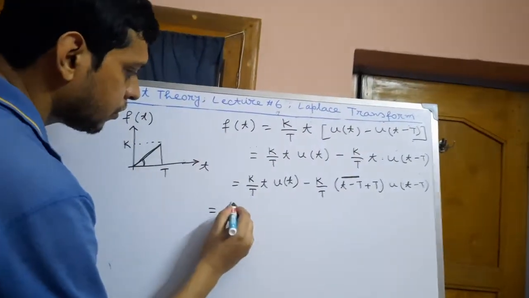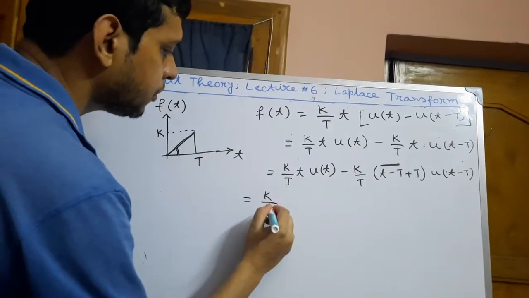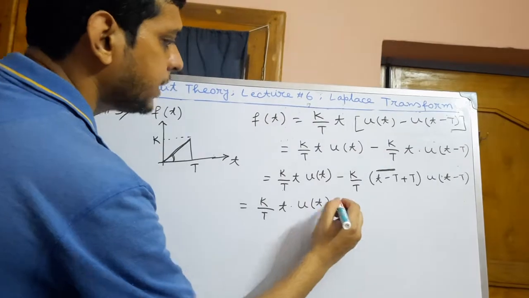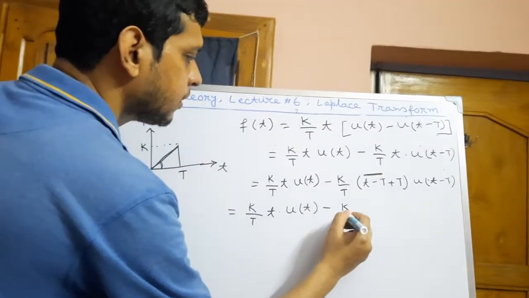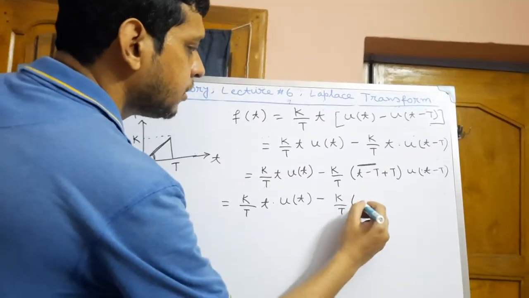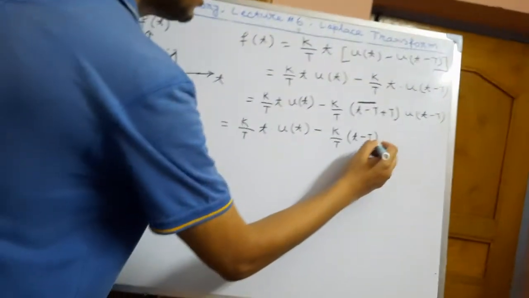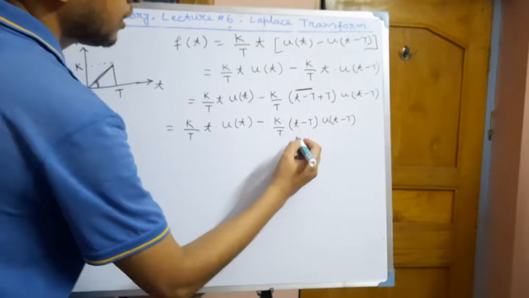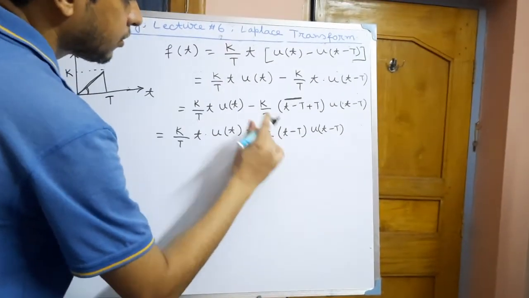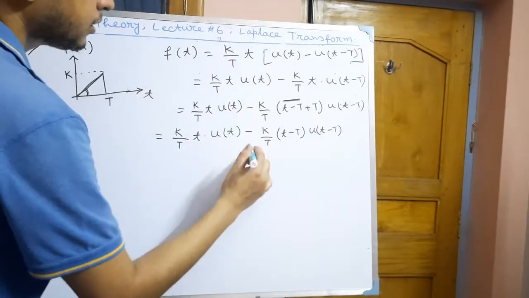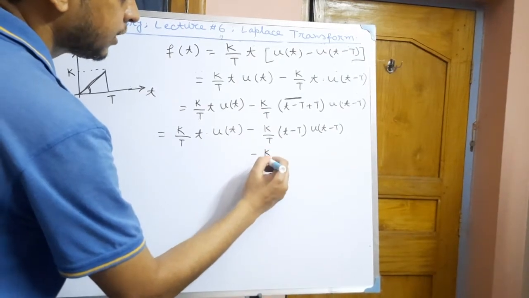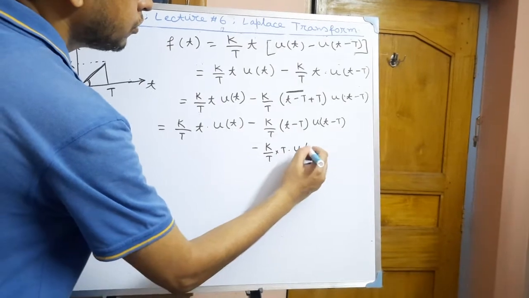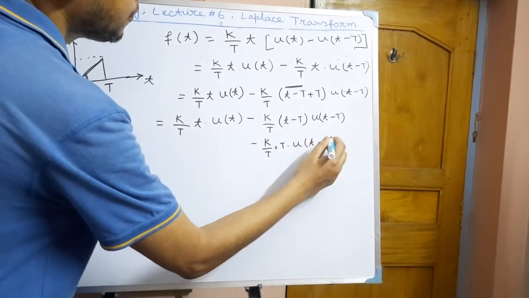So f(t) will become this: minus k by T, (t minus T) u(t minus T), plus, into minus, equal to minus k by T into T into u(t minus T).